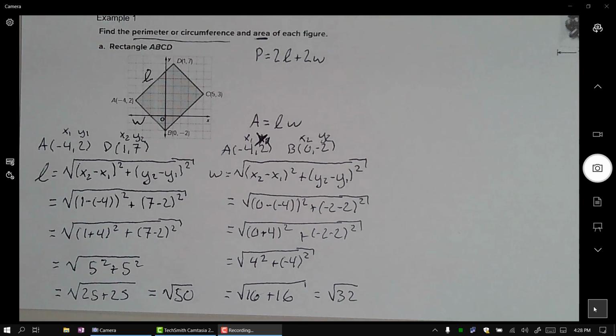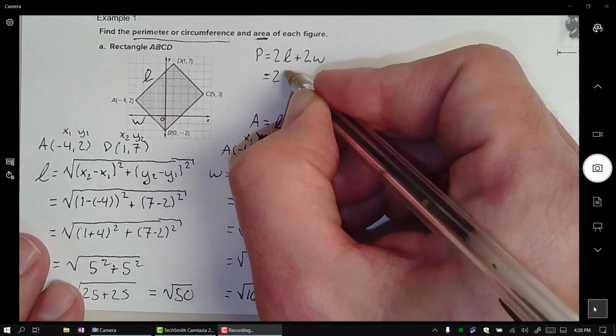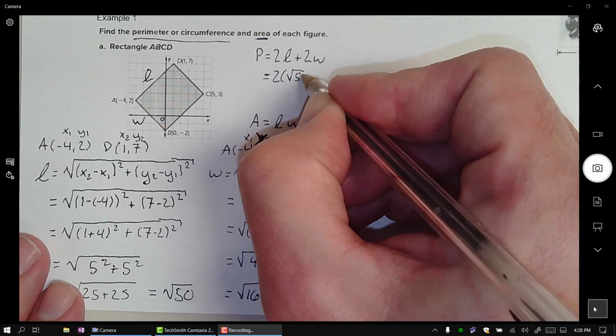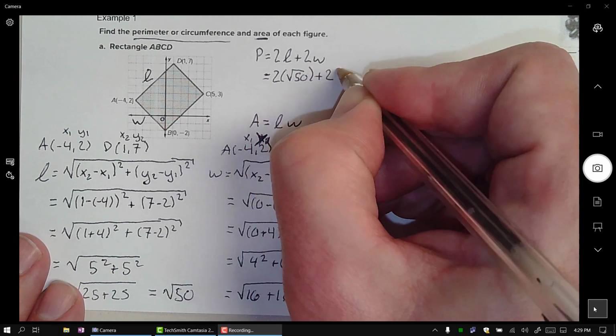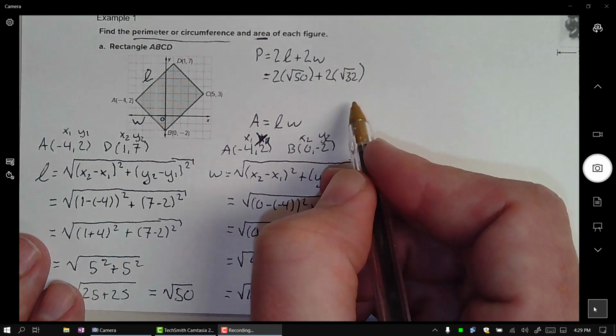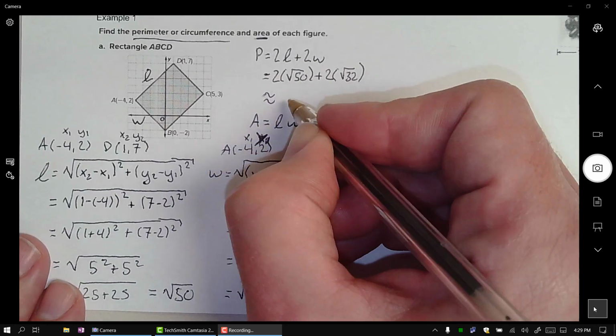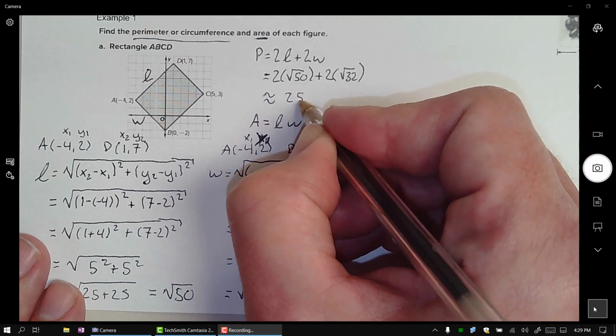So now I have my length. Now I have my width. I can go ahead and put them into my formula up here. So this is going to give me 2 times the square root of 50 plus 2 times the square root of 32. And if I type all that into my calculator, I'm going to end up getting about 25.5.